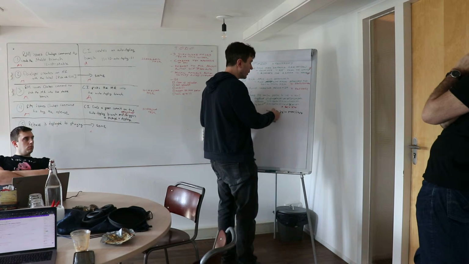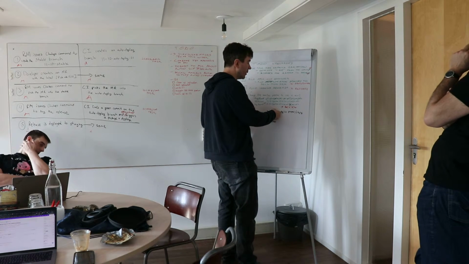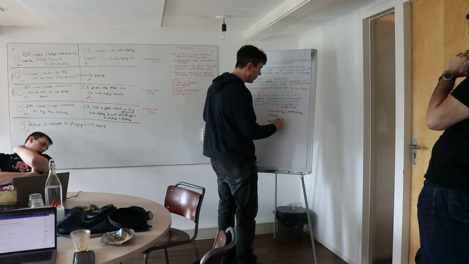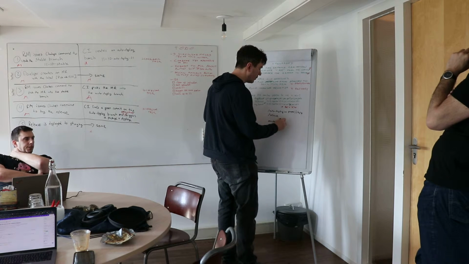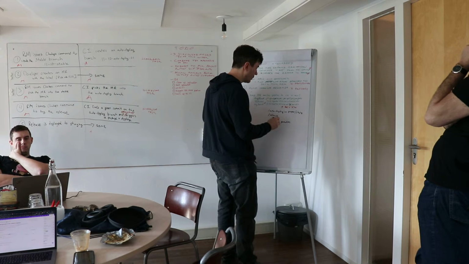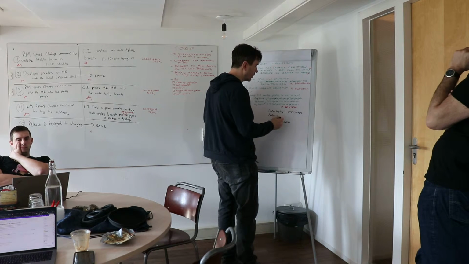So then you won't really ever have more than one auto deploy pipeline happening at once. Right now, this would be production, because it'd be triggered from chat ops. But maybe this should also be auto deploy, I don't know.